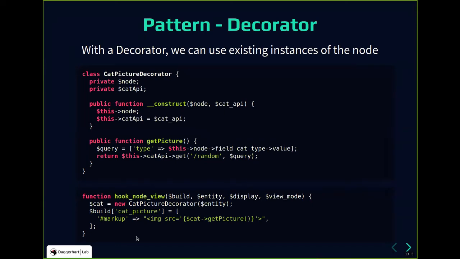So I hope this example highlights the value of the decorator pattern. There are certainly other ways to achieve this exact solution with the hook node view example, but I hoped that this would be a very Drupal-y sort of practical approach to it.